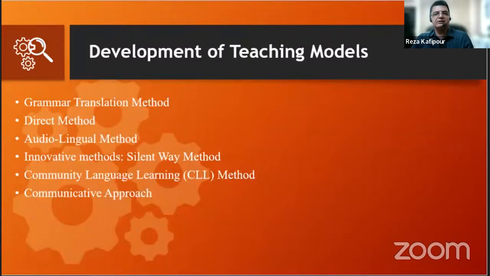When we say segmental features of language, we refer to individual sounds. For example, what is the difference between the sound V and W, or how should we try to pronounce them correctly? It means segmental features of language. So the student should listen and imitate. Phonetic training is part of the instruction.